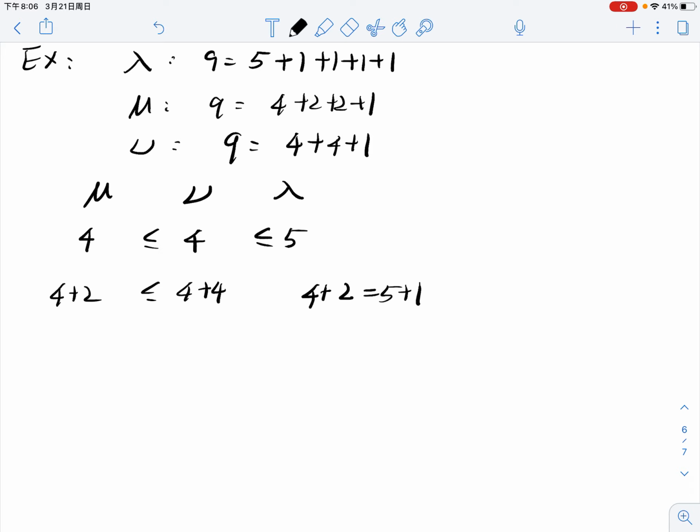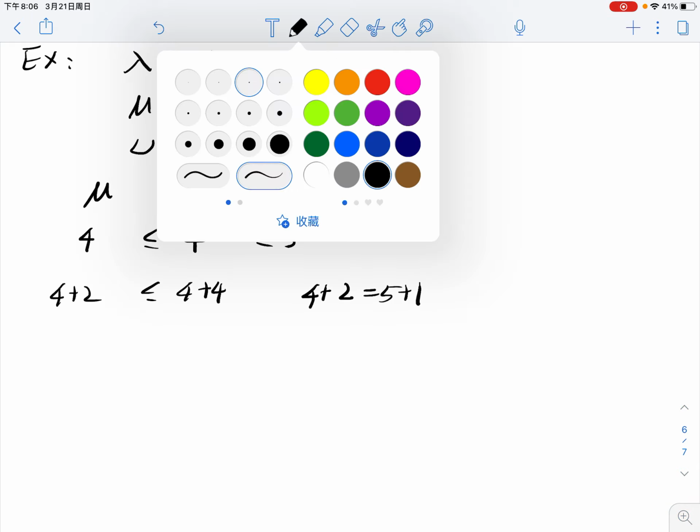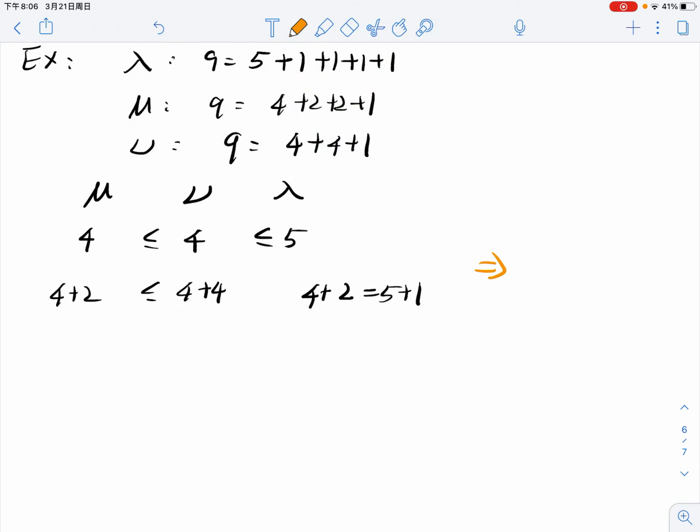So for the partial sum of mu and lambda, they are the same, but nu is bigger than mu and lambda. Therefore here, you already know that mu and lambda are incomparable.